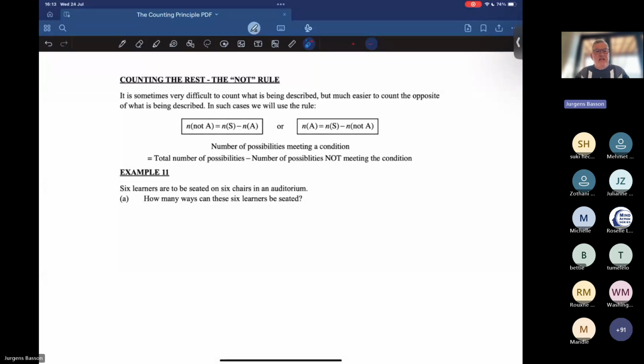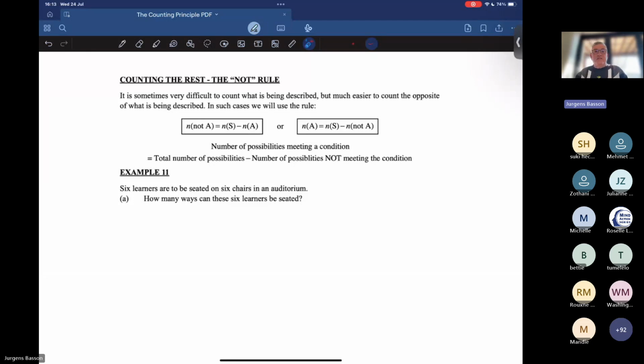I say 6 learners are to be seated on 6 chairs in an auditorium. So here's 6 learners, 6 chairs. The chairs are your tasks. 6 learners, they can't repeat, it's people. So therefore, we will get factorials here. You will notice I say, how many ways can these 6 learners be seated?